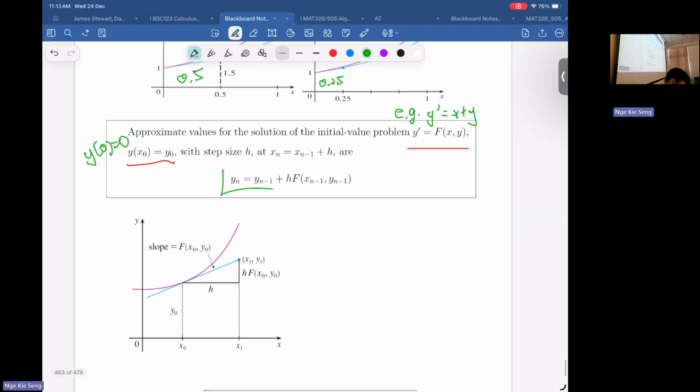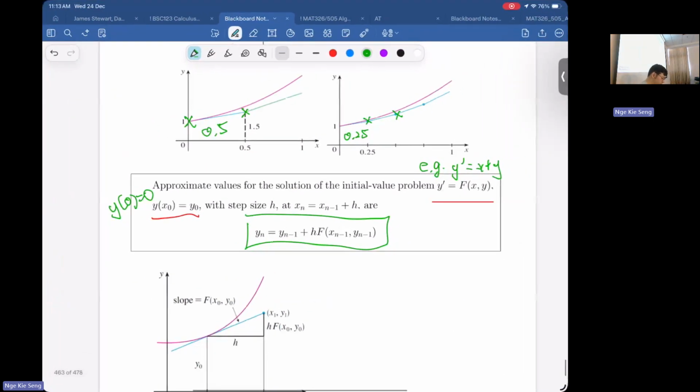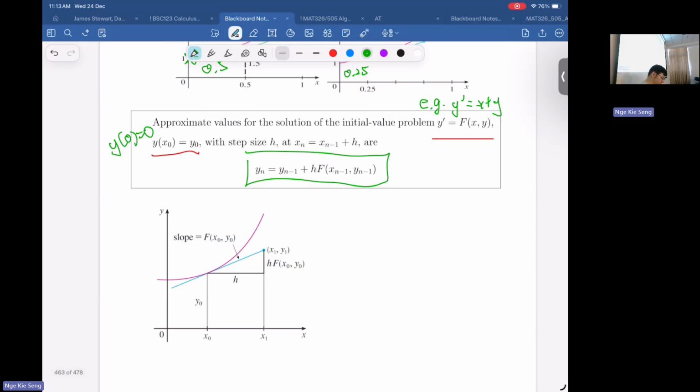And then the question is how to get the next point from the first point. Well, the idea is very simple. You just look at this triangle here. Your y_n minus y_{n-1} over the step size, which is equivalent to x_n minus x_{n-1}, should be your derivative.